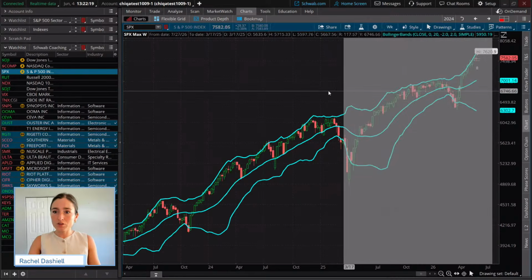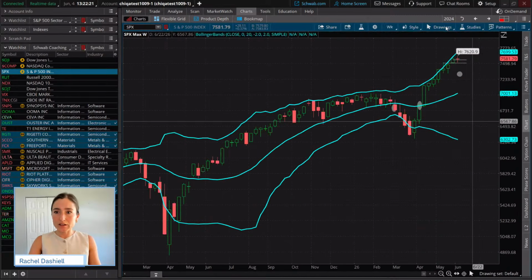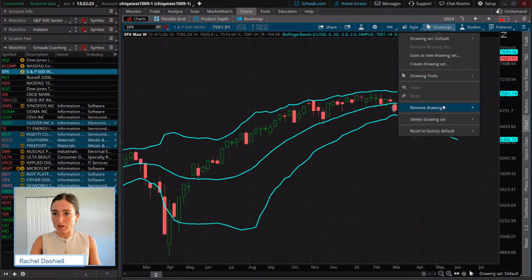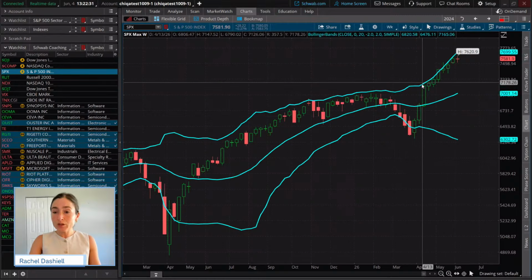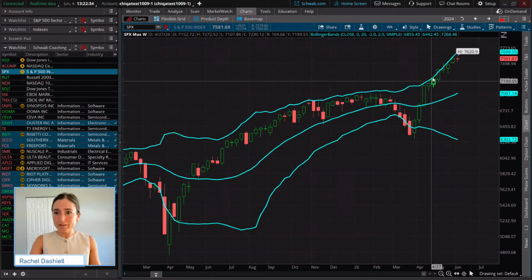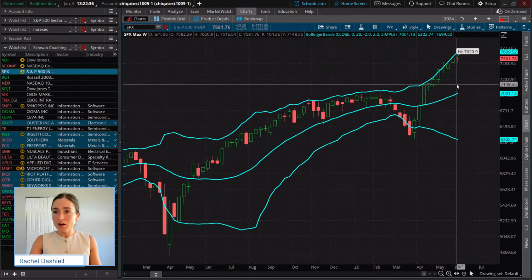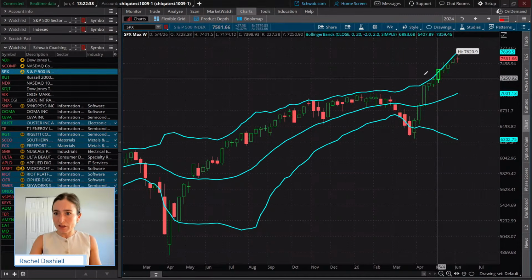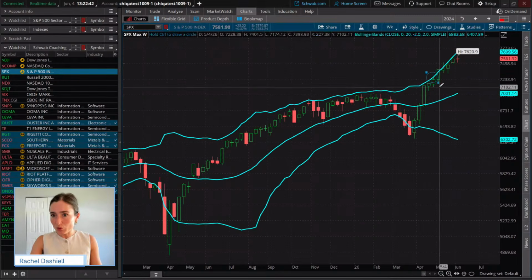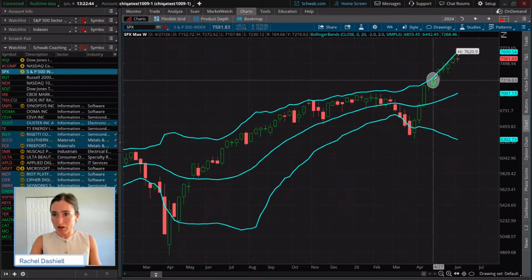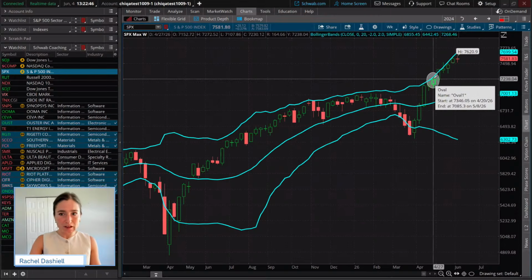So if we are looking at the weekly here, and I'm going to remove some of these drawings so they don't look so funky on the chart, you would have taken an entry with that first move beyond those Bollinger Bands. The first time it really went above the Bollinger Bands was this week, back at the end of April.